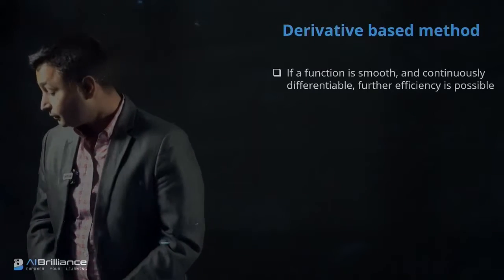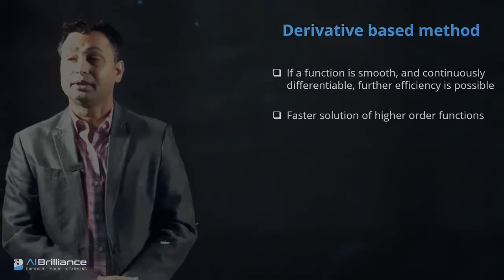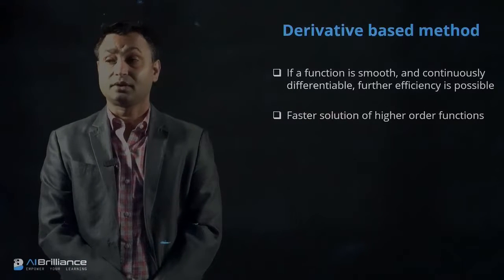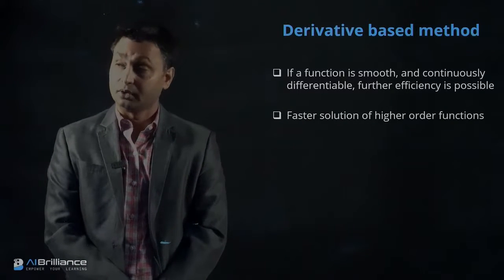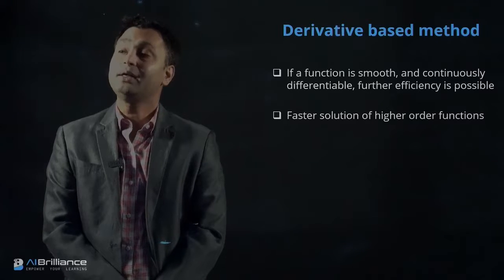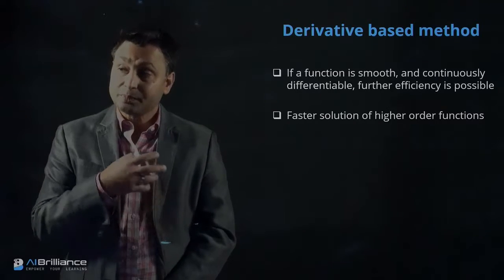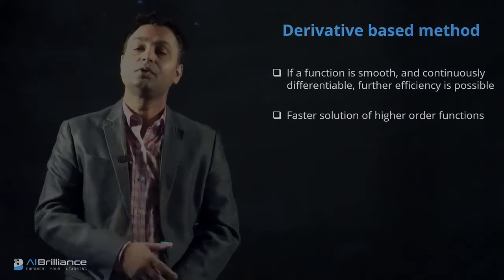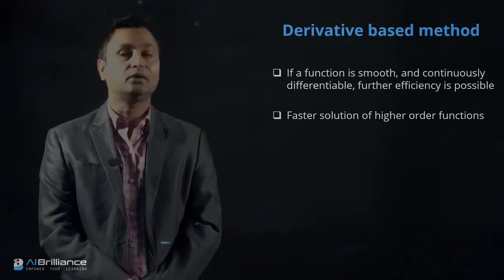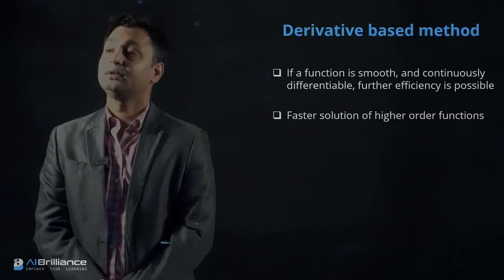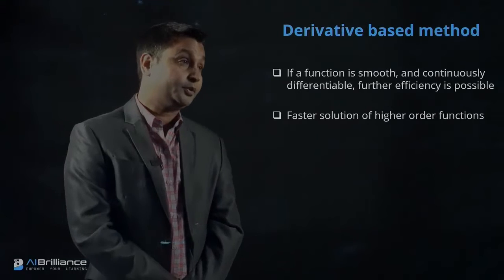Second, especially if the functions are higher order or completely nonlinear, we might have a significant speedup in how fast we can find the optimal solution. That's another advantage of the derivative-based method.